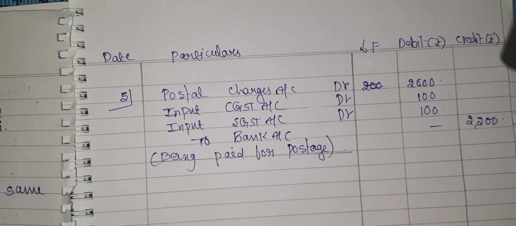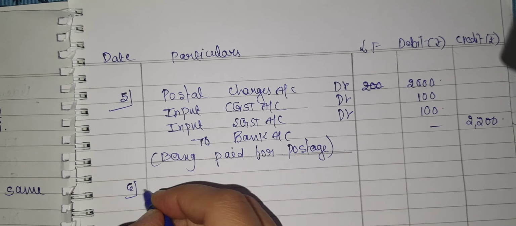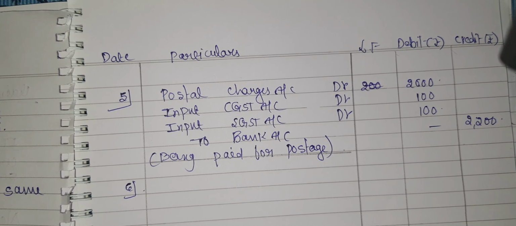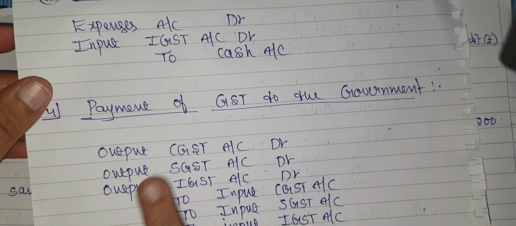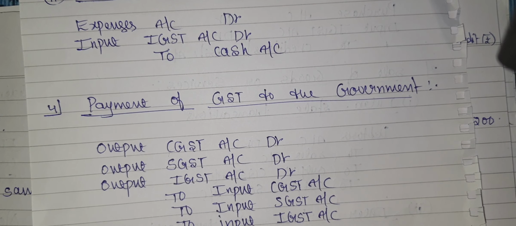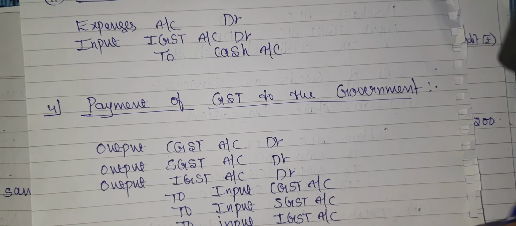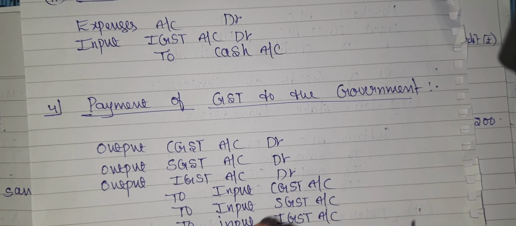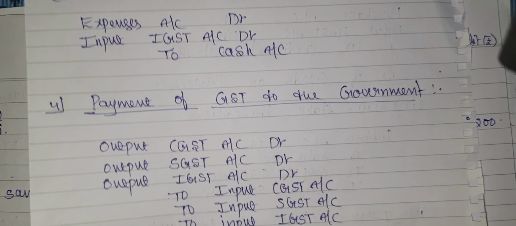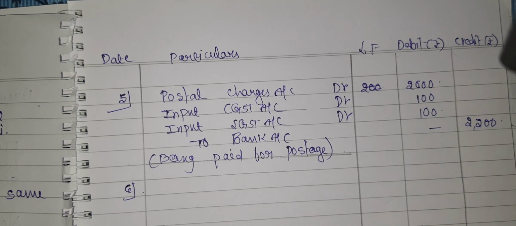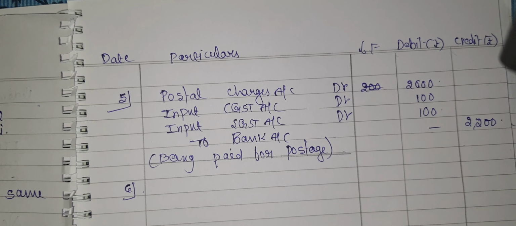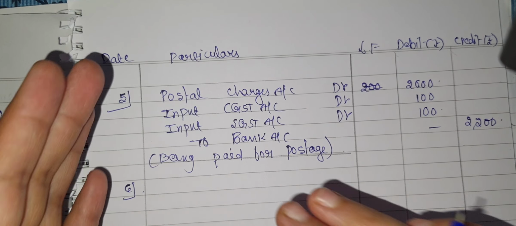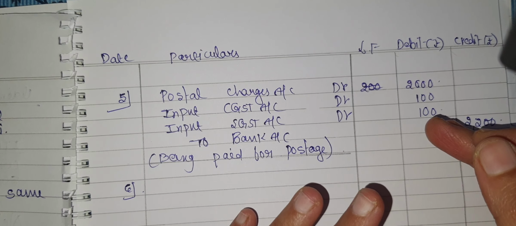Okay. Now the last entry, that is payment of GST to the government. Now we have to calculate the total amount of GST that is payable to the government. In the last class I explained that input GST is used to set off against the output GST.